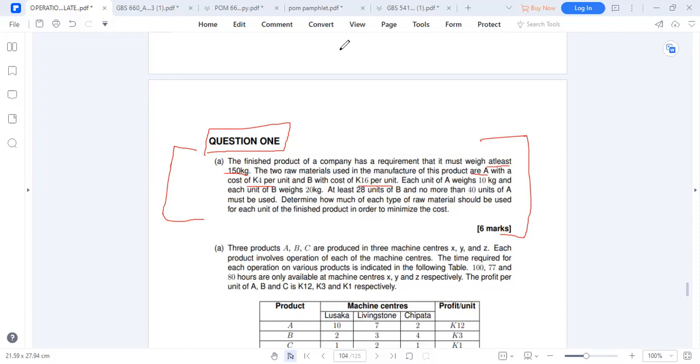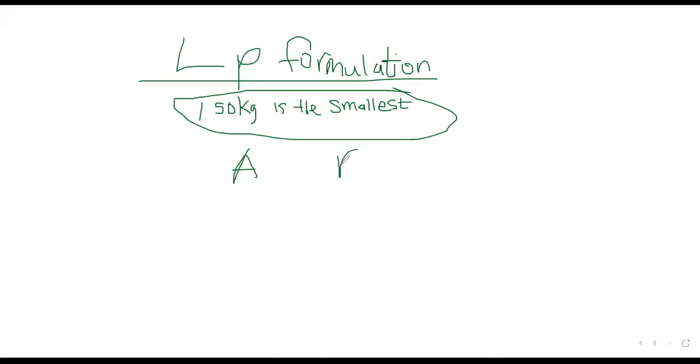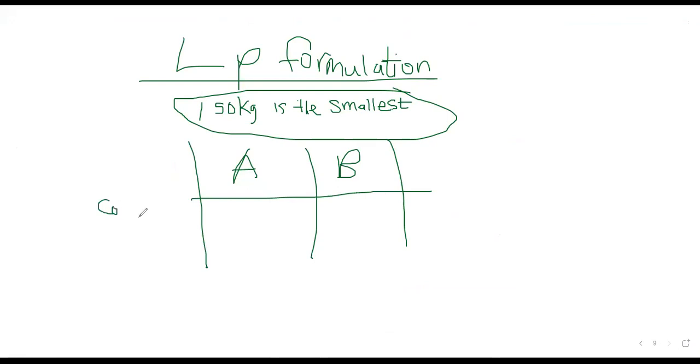So we have our A and our B. Cost per unit: our cost per unit is 4 kwacha for A and 16 per unit for B. They haven't told us the total cost, so they are variables.